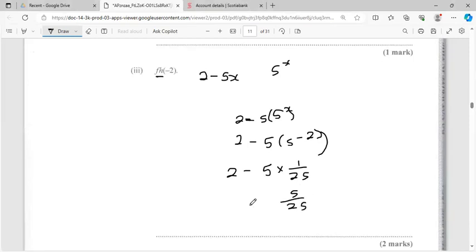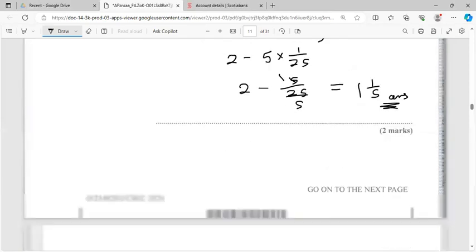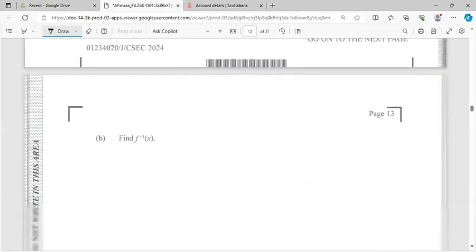So this portion here, because remember we have to multiply first, 5 into 5 is 1, 5 into this is 5. So this would leave 2 minus 1, which would be 1. So that would be our answer for that function. Alright, so that's 2 marks.